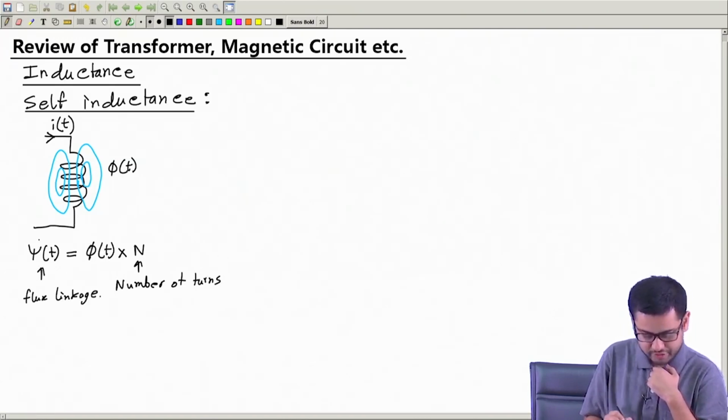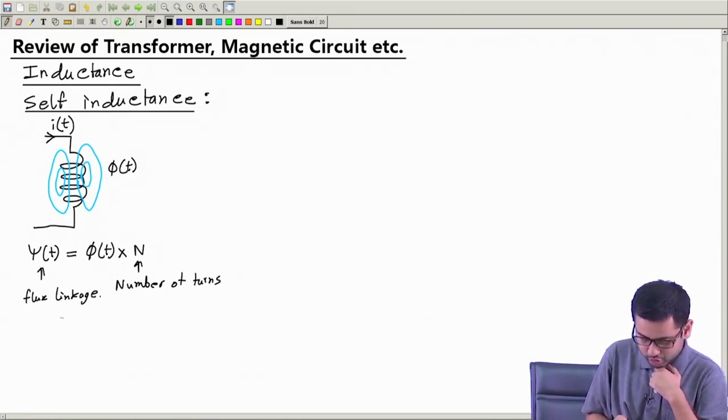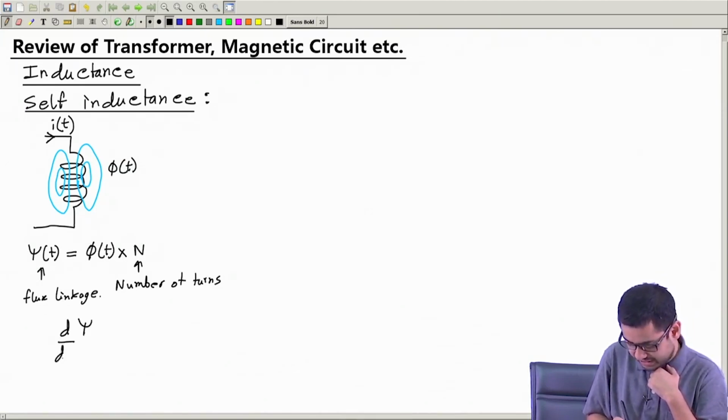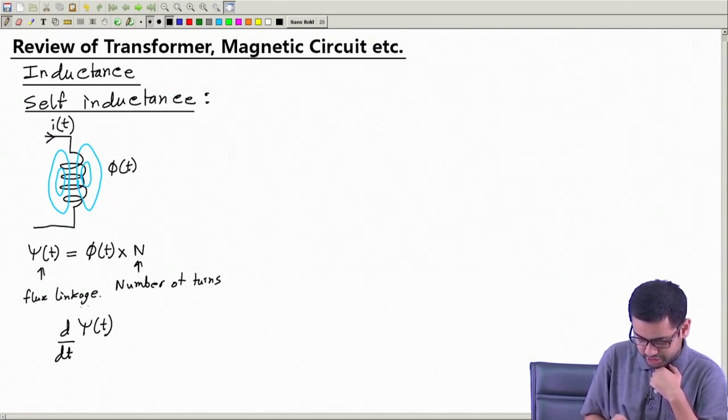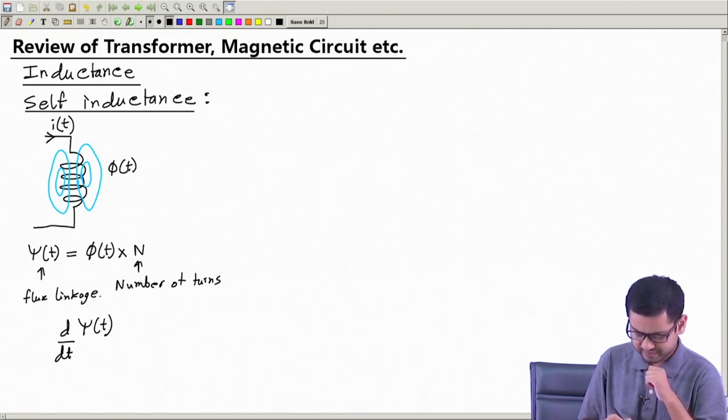Now we can estimate d/dt of psi, that is the rate of change of psi with respect to time. This will be a non-zero quantity because psi is changing with time.